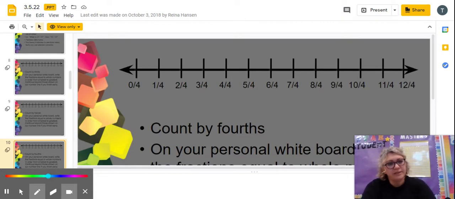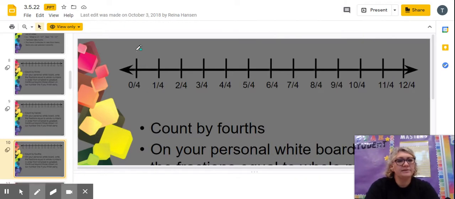You can draw this number line, and then we're going to come up here. So this would be 0 right here. 1, 2, 3, 4 fourths is equal to 1. 5, 6, 7, 8 fourths is equal to 2.